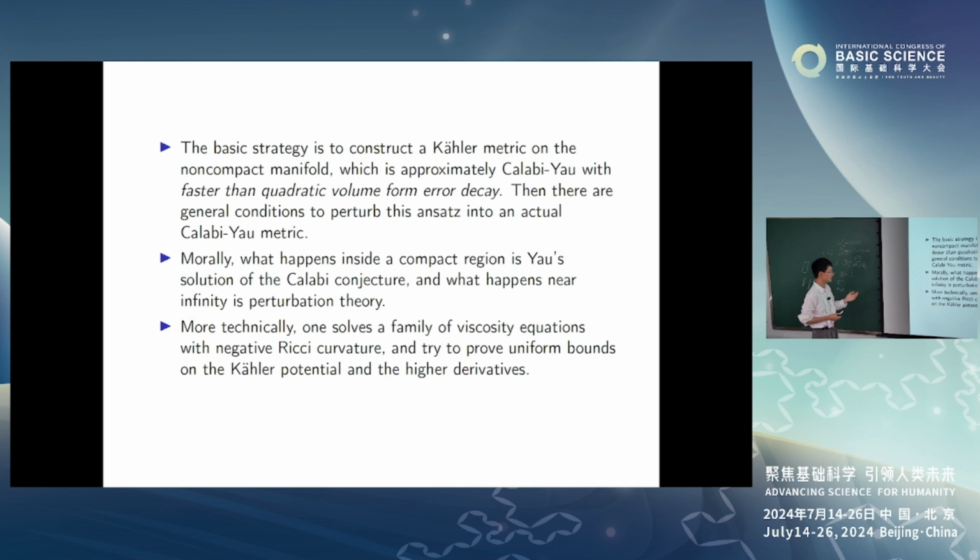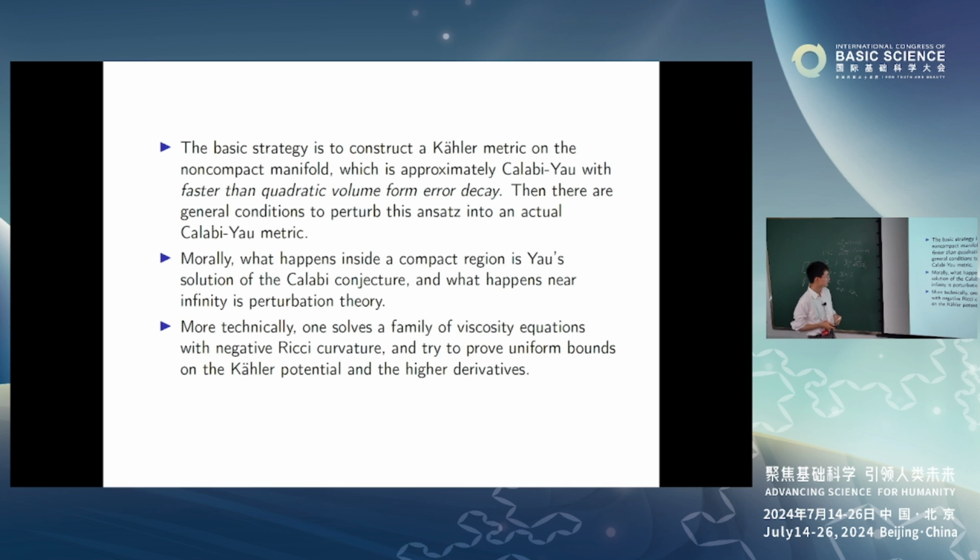More technically speaking, just for people who are interested, what one does is to solve a family of viscosity equations with slightly negative Ricci curvature. That's analytically more well-behaved compared to zero Ricci curvature, which is what you want to get in the end. And then you try to prove some uniform estimates on the Kähler potential and the higher derivatives of the Kähler potential.